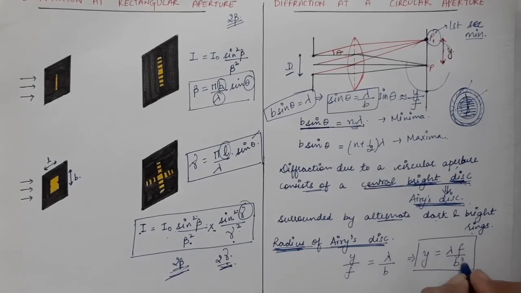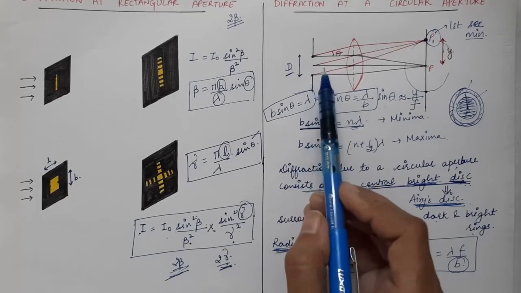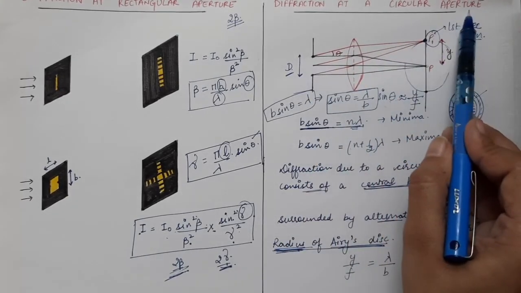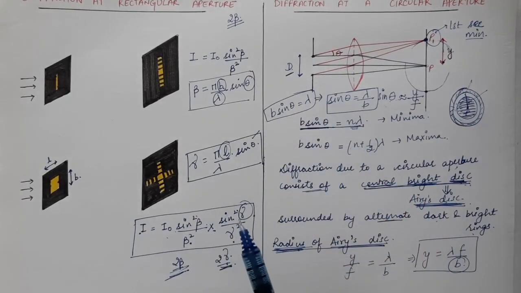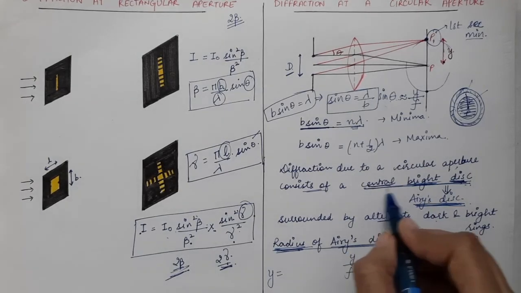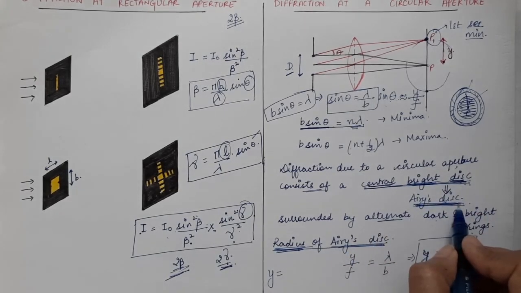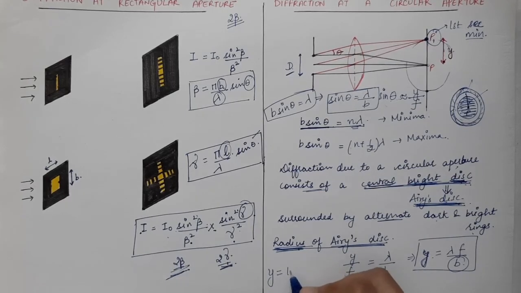Now this b is nothing but the width of the slit, or you can also say it is the diameter of the circular aperture. So this small b in this case is the diameter of the circular aperture, and in actual practice it has been found that the radius of this central bright disk, or you can call it the Airy's disk, the radius y, comes out to be equal to 1.22 into lambda into f divided by b.